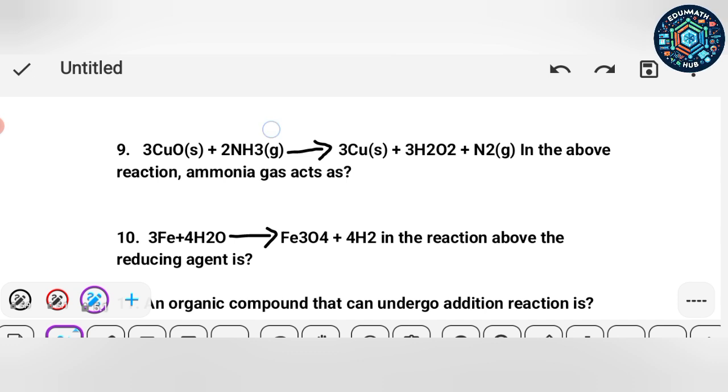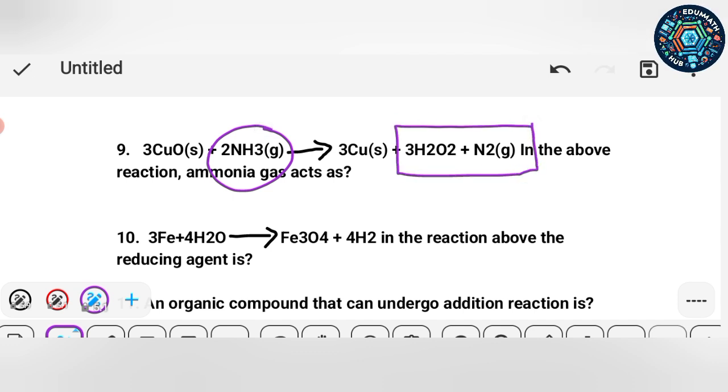The easiest way to get this question is first of all, spot ammonia on the left hand side. Then look at what it became on the right hand side. You notice that copper oxide here, which is copper 2 oxide, became ordinary copper. That means the oxygen in it was removed.